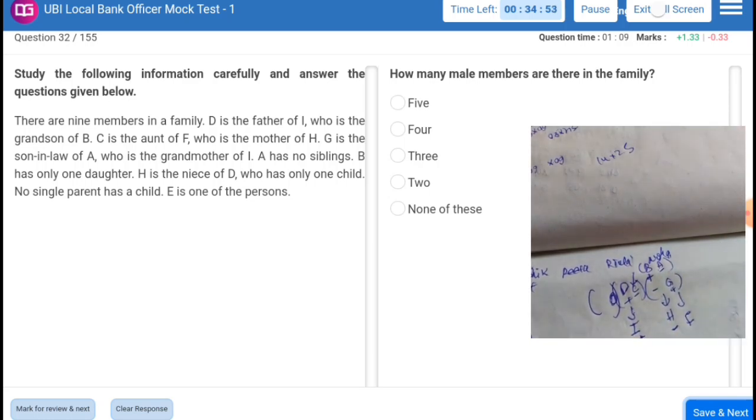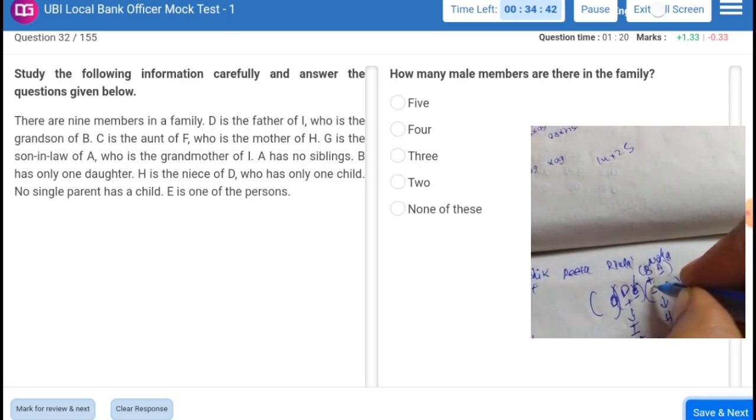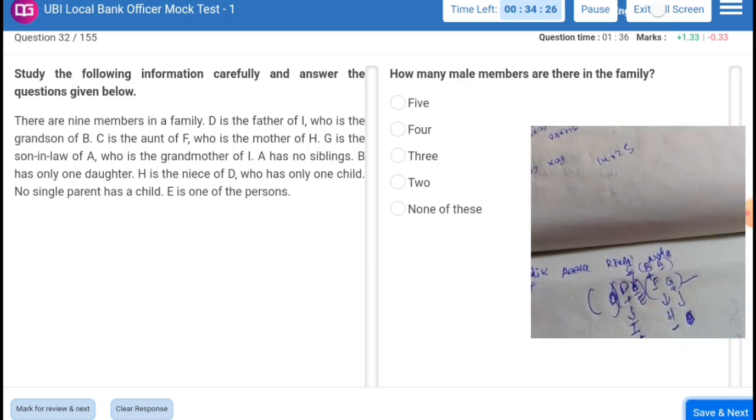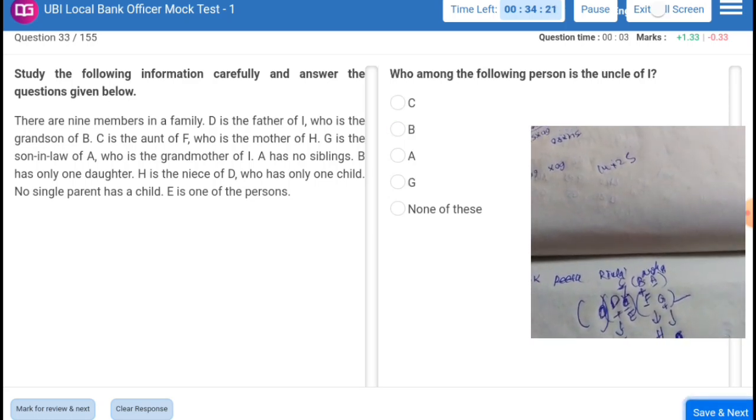C is the aunt of F. So F who is the mother of H. C is the aunt of F. So E. How many male members? 1, 2, 3, 4. Uncle of I is G.